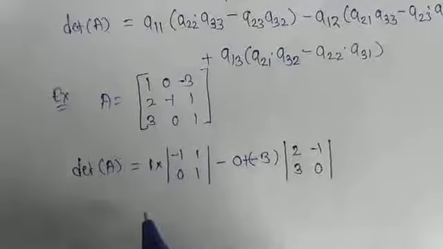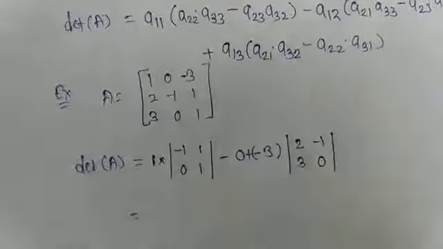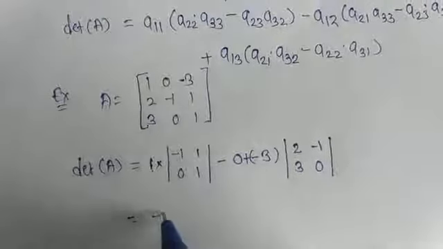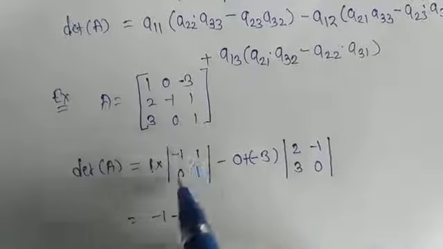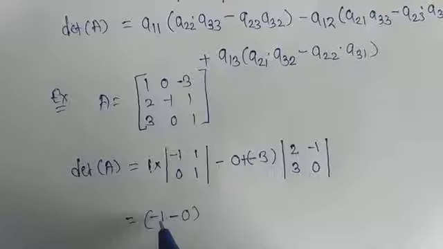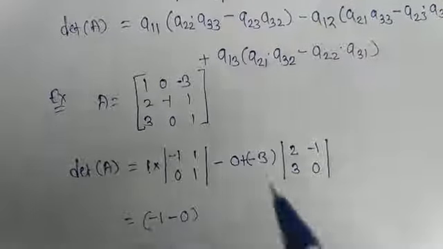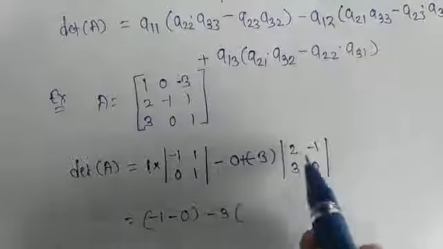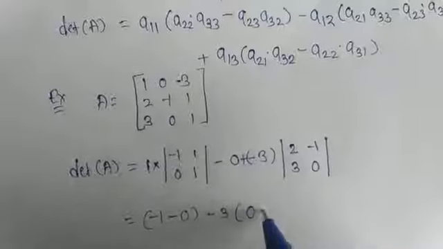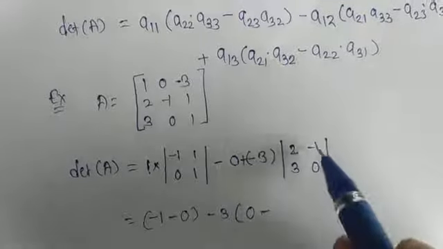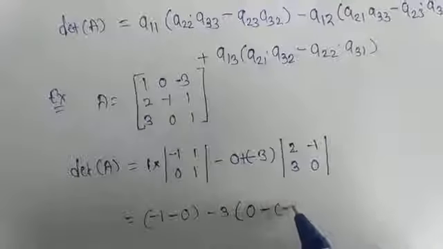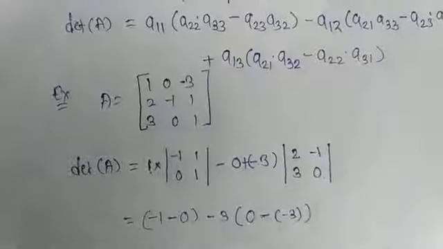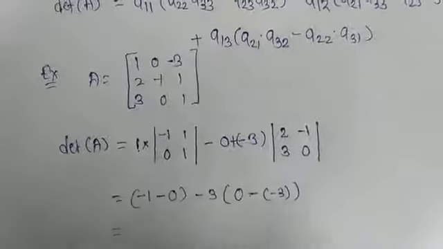Now we do the calculation. First bracket: 1 into (minus 1 into 1 is minus 1, minus 1 into 0 is 0), so minus 1 minus 0. The second term is 0, so we delete it. Then minus 3 into (2 into 0 is 0, minus minus 1 into 3, which is minus 3). In a determinant, when there are negative signs, please do the calculation clearly, because there are many sign changes.